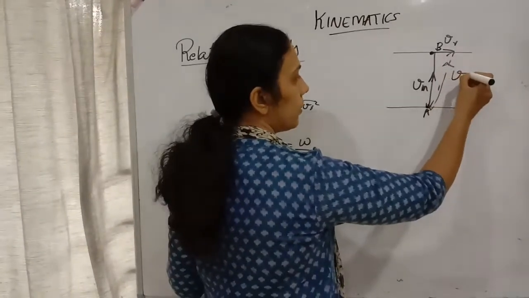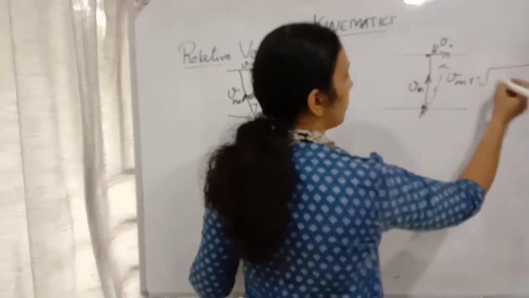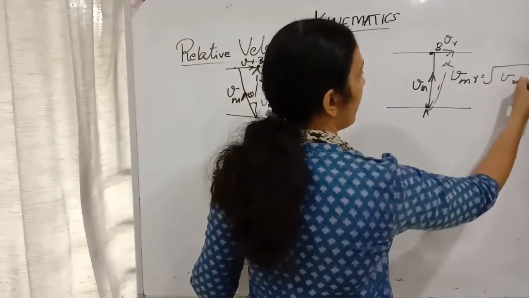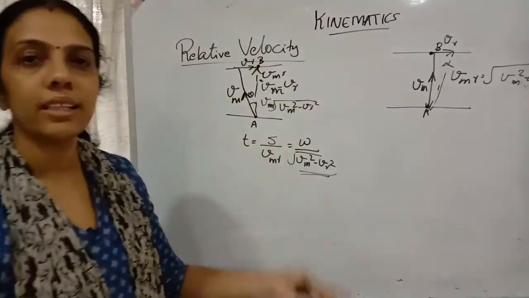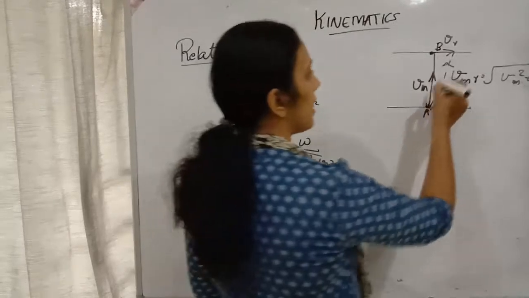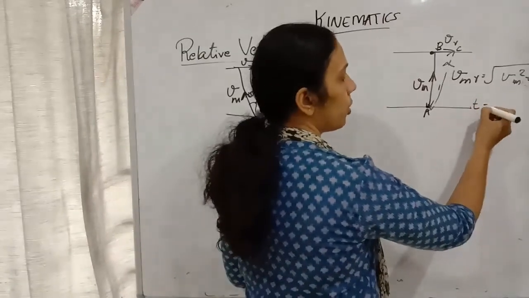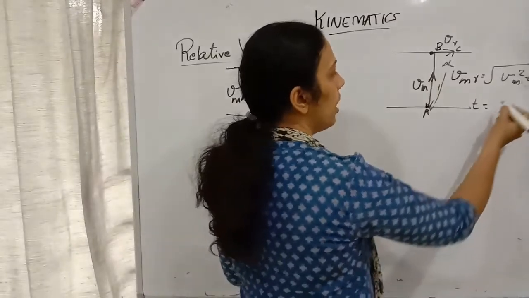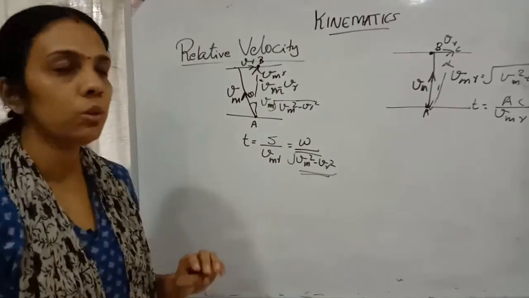That is, the relative velocity of man with respect to river will be root of Vm square plus Vr square. So what will be the total distance he would have traveled? This distance AC will be the total distance. Therefore, the shortest time will be equal to AC divided by the relative velocity of man with respect to river.